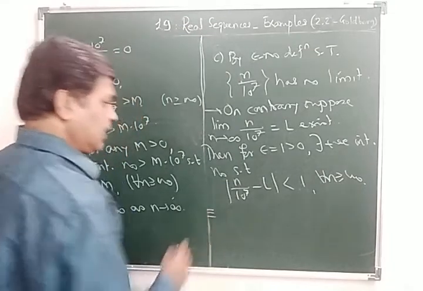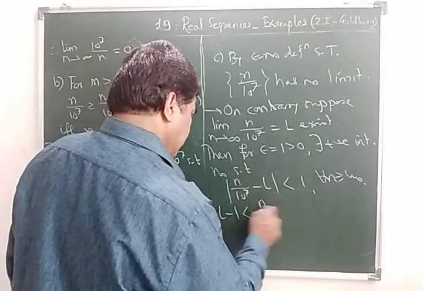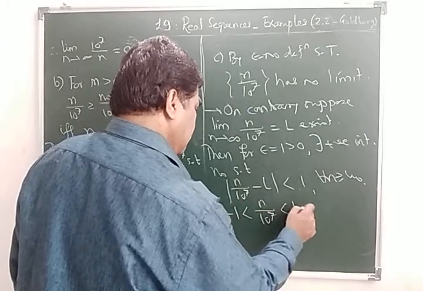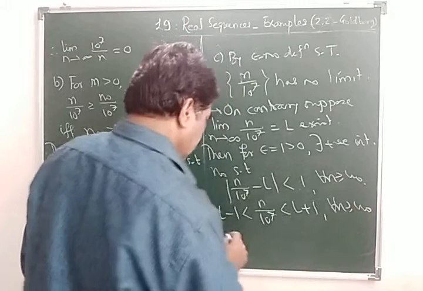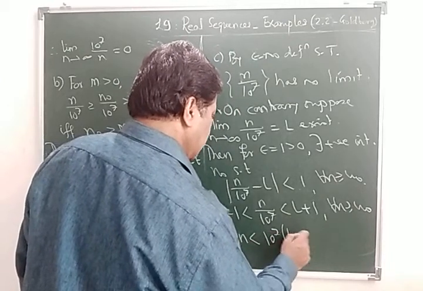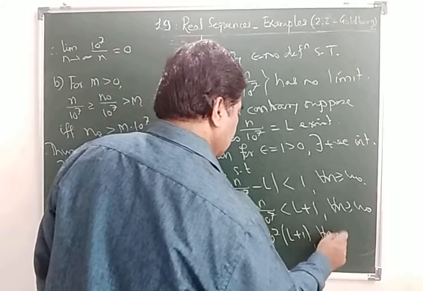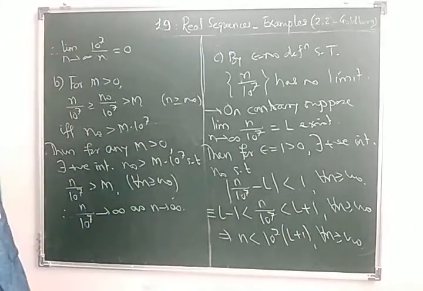This is equivalent to saying that L minus 1 is less than n upon 10 raised to 7, which is less than L plus 1, for any n greater equal n naught, which implies n is less than 10 raised to 7 into L plus 1 for every n greater equal n naught, which implies n is bounded above.